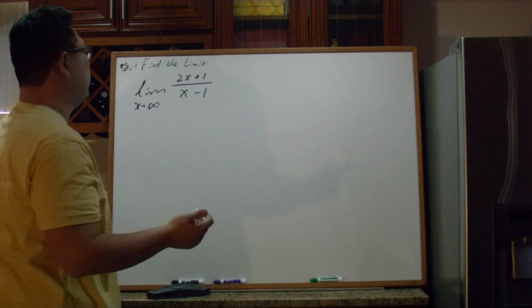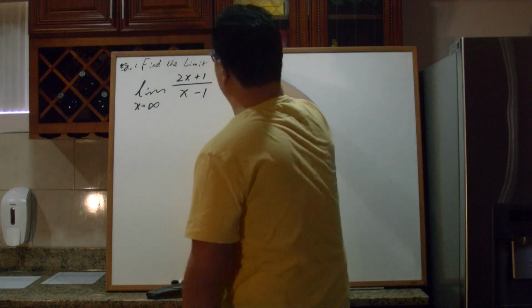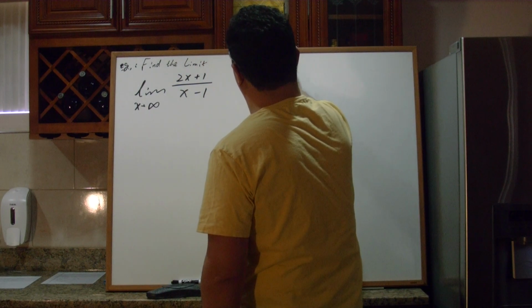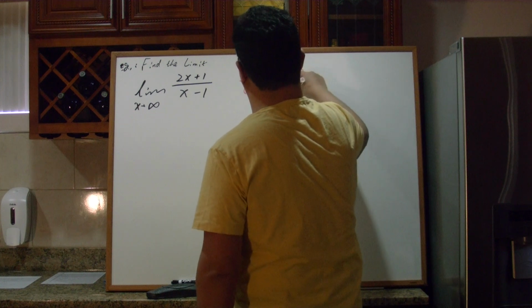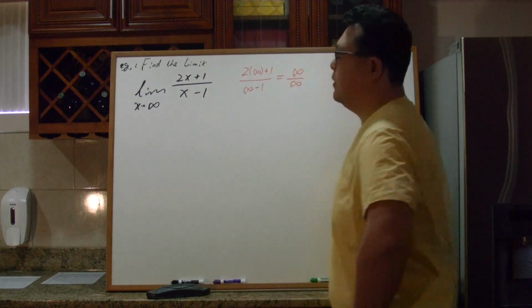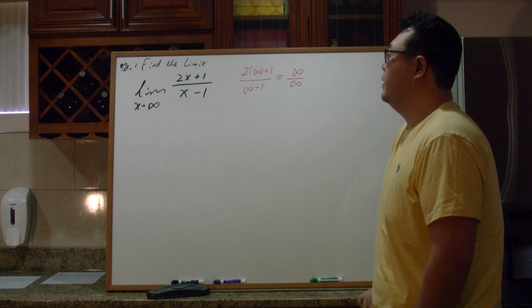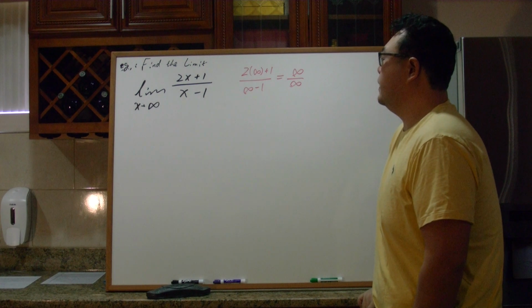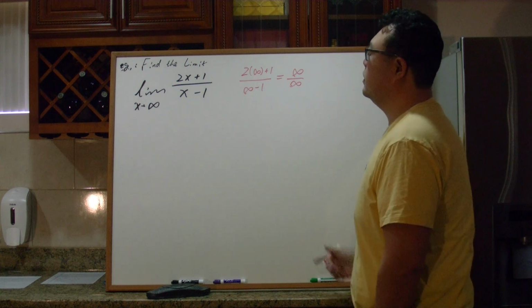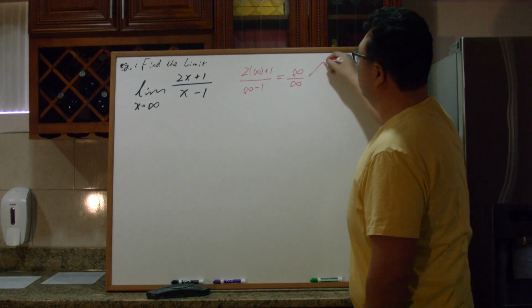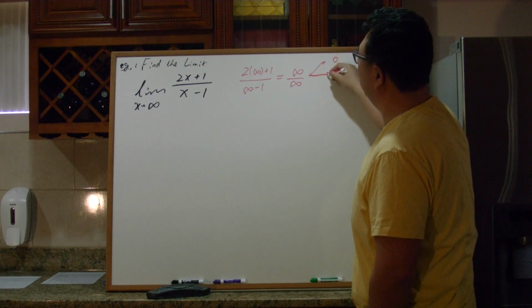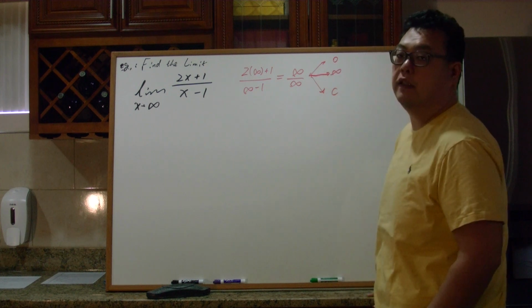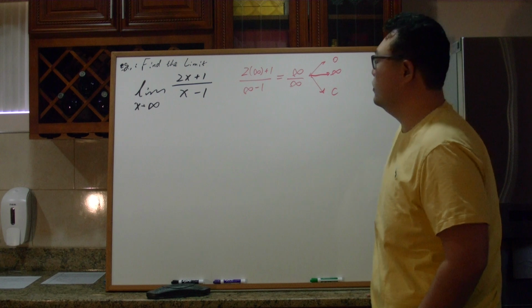Well, of course, if we directly input infinity, we have infinity over infinity, maybe of different degrees. But even though it is infinity over infinity, we do not know the result: it could lead to 0, could lead to infinity, could lead to some constant. Right? That's all the results it could go to.